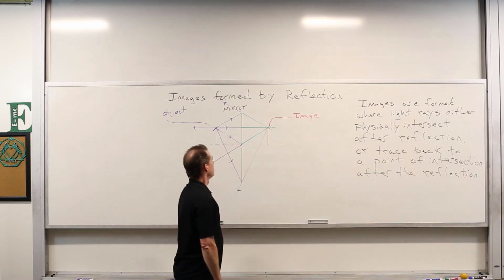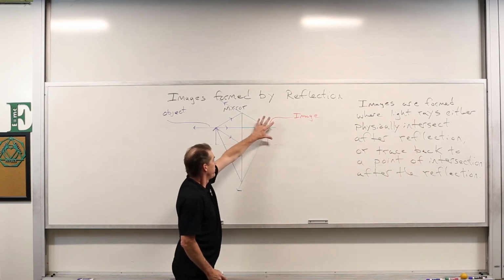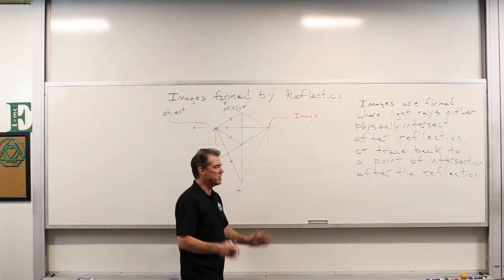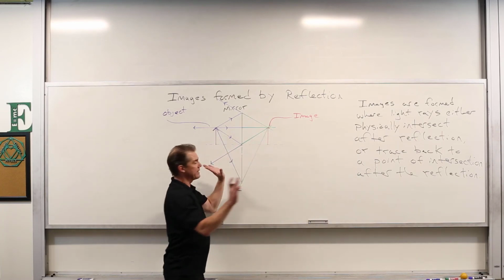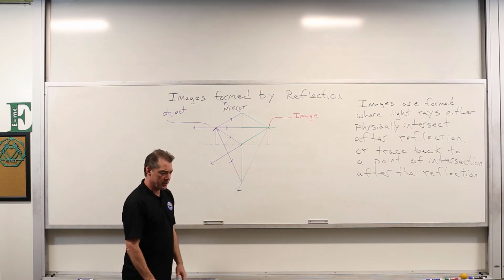That's it. So in this case, they trace back to this point. And we'll get into differences between physically intersecting and tracing back later on. We just wanted to introduce this.